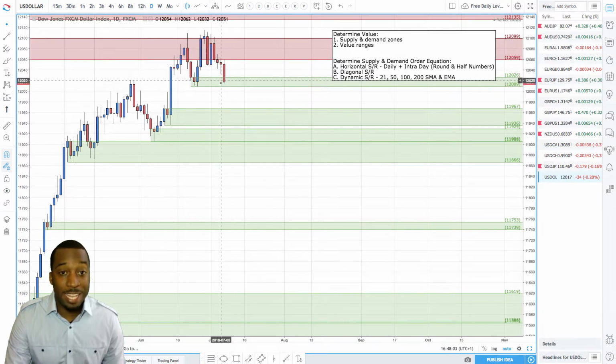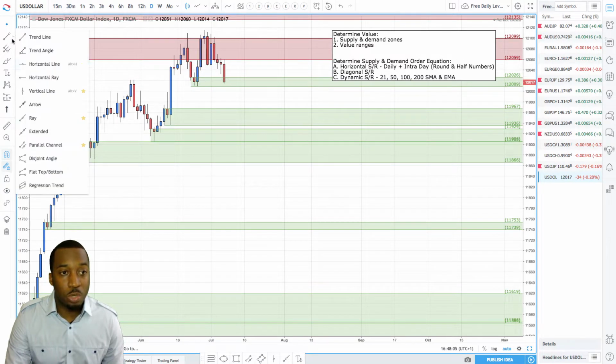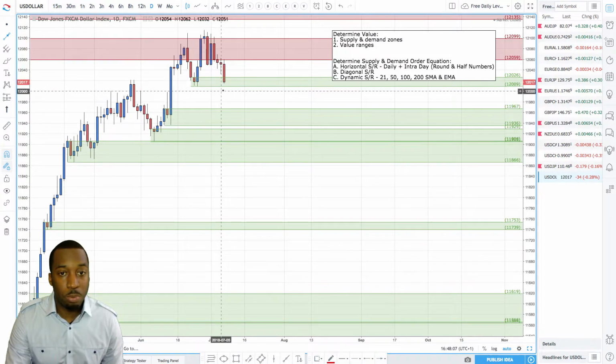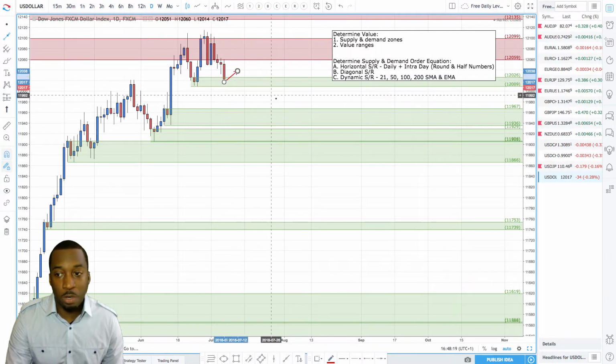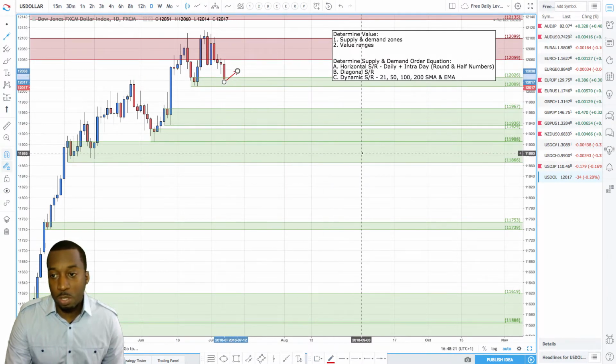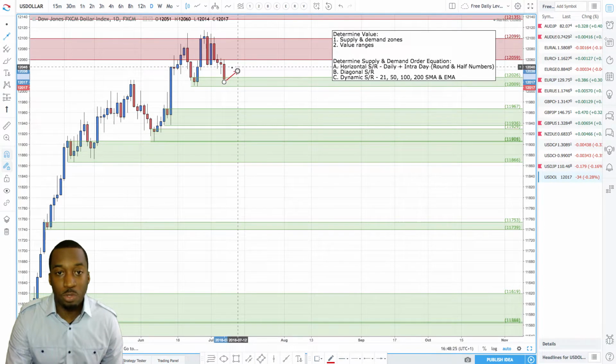We're now down into this demand zone, so what you want to look for is some price action, on a lower time frame if you can get it. If we start to see some overall dollar strength, then you want to probably be a buyer of the dollar, whether it's dollar yen, CAD, Swiss, or pound dollar.